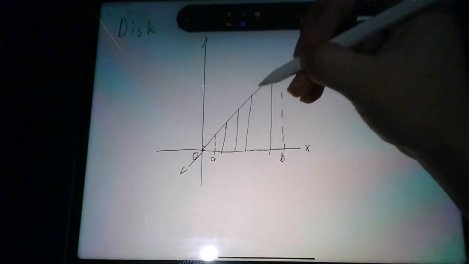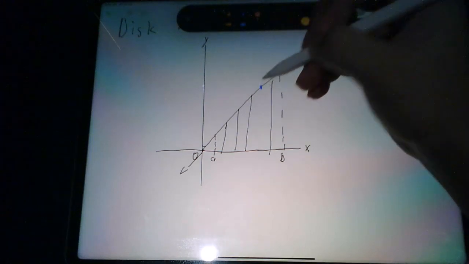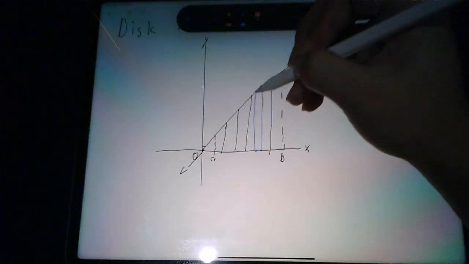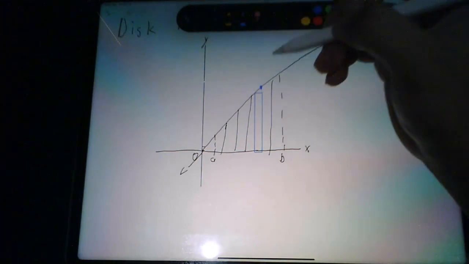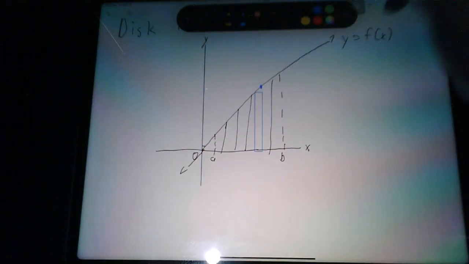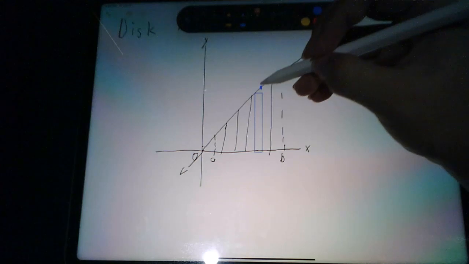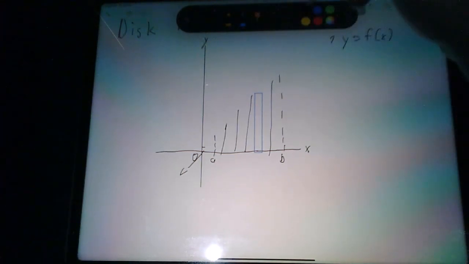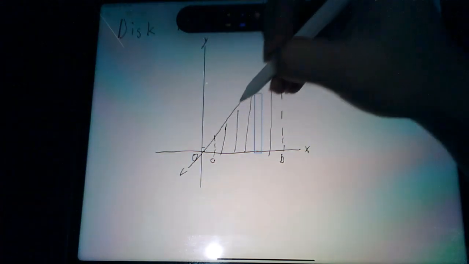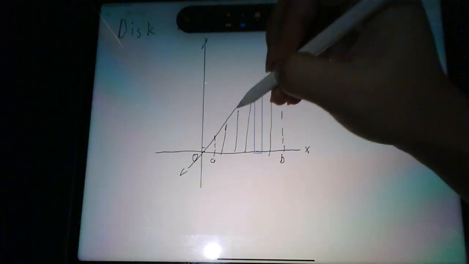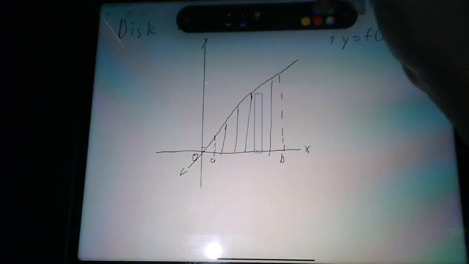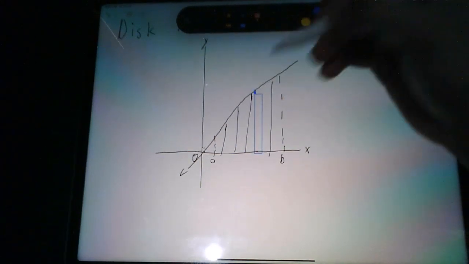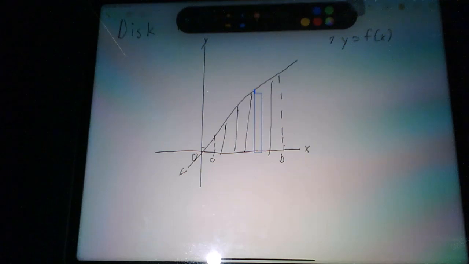Now we put a point here and that is our vertical strip. So this is a point here and this is our vertical strip.